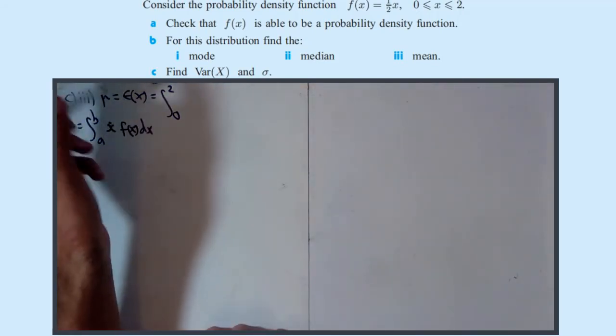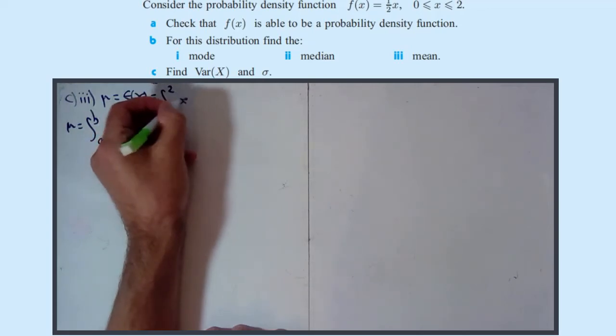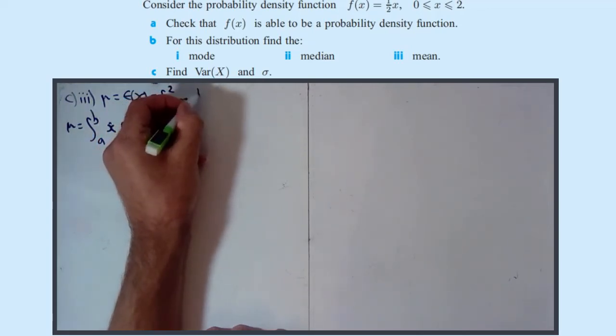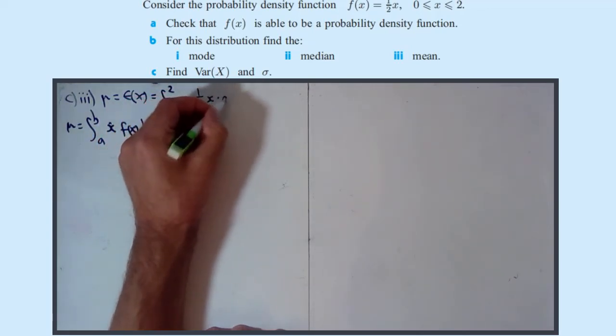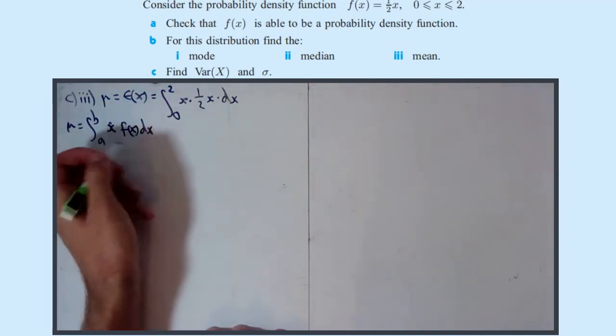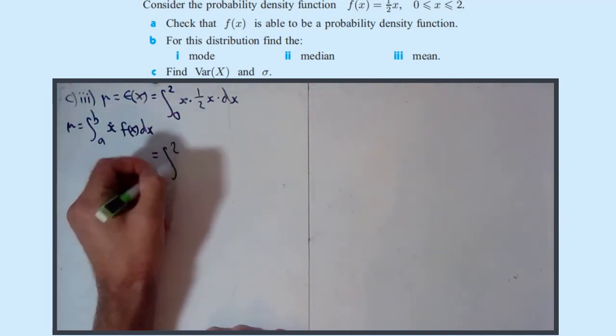Right, so what we are going to do is write x times f of x dx, which was a half x dx. So that becomes the integral between 2 and 0. In fact, I'm going to pull that half out.